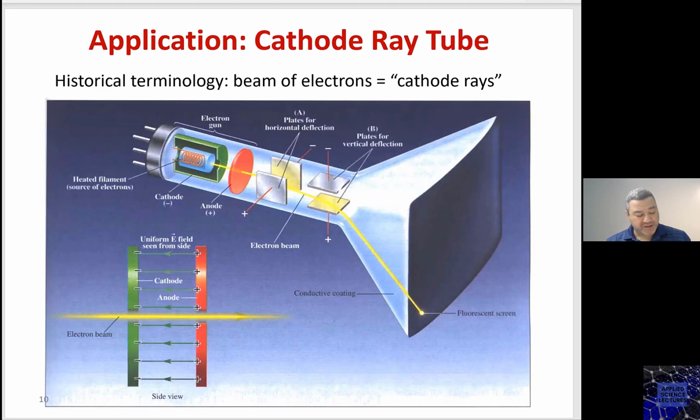So where did we see those two plates that are generating uniform electric field in between, that we will be using to divert a beam of charges? In the cathode ray tube, the one that we used in TVs a long time ago, we have, as you can see, two parallel plates that are horizontal and two parallel plates that are oriented vertically.